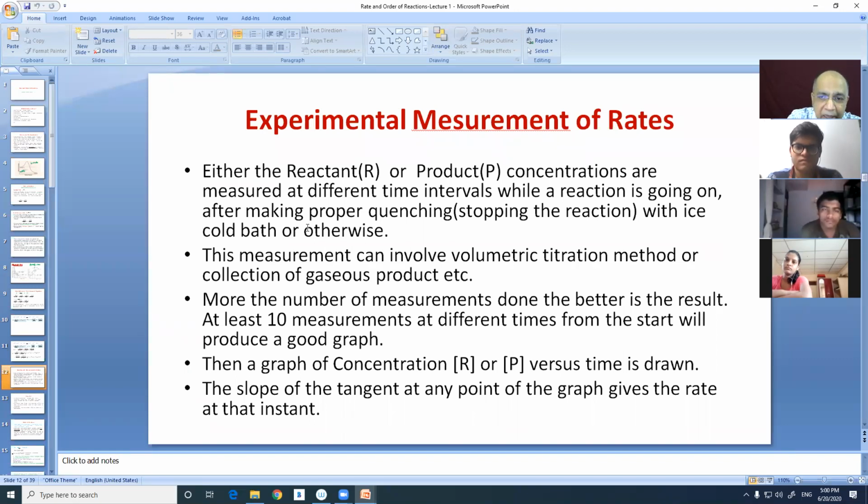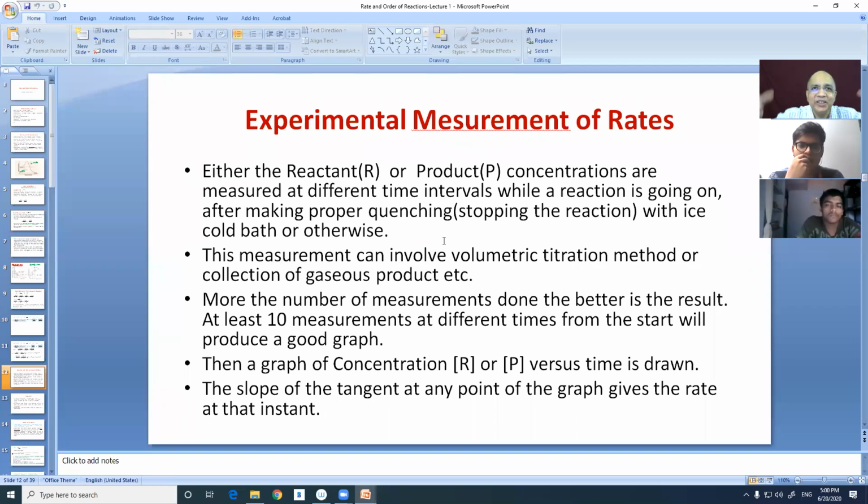Don't write anything. Just watch where I am pointing with my mouse. After making proper quenching, I told you, to stop the reaction. In reality, the reaction will never stop. Even at 0 degrees Celsius, there will be some reaction going on. Therefore, we ask the students to quickly titrate and find out what reactant is left after 5 minutes, after 10 minutes, and so on.